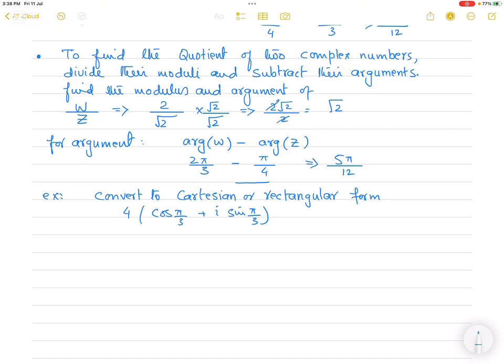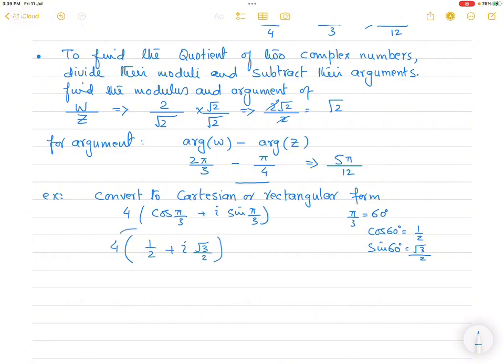Now, as I know that pi by 3 equals 60 degrees, and cos 60 is 1 by 2 and sin 60 is root 3 by 2, I can write 4 times 1 by 2 plus I, in place of sin pi by 3 I can write root 3 by 2.